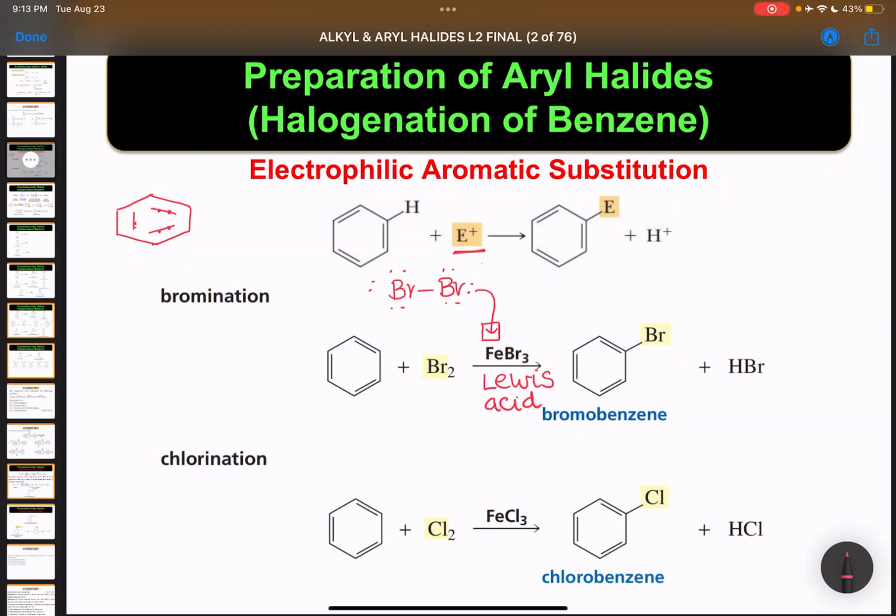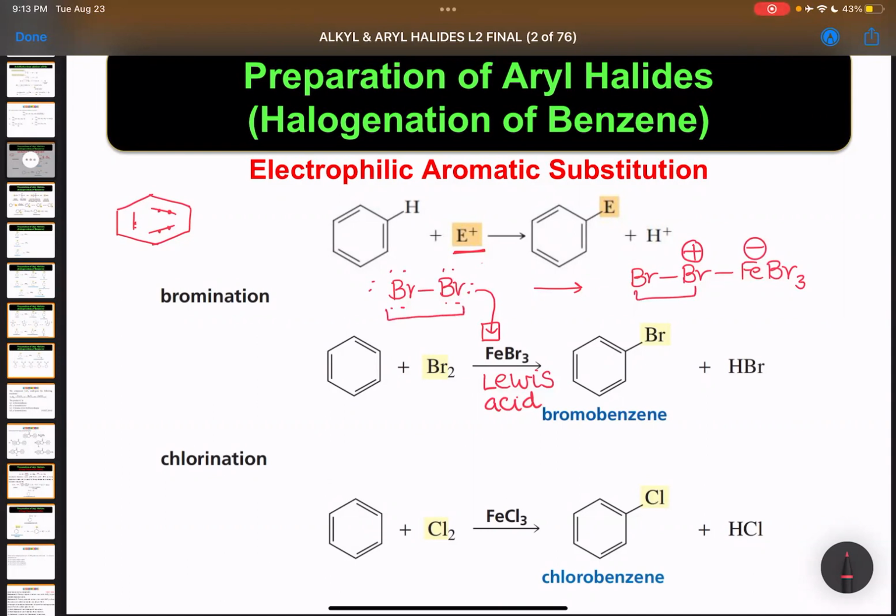And what you get here is Br and the Br2 you took, and FeBr3, right? It is FeBr3 minus because it has accepted a lone pair, and this will be plus, right? And now look at this bond.